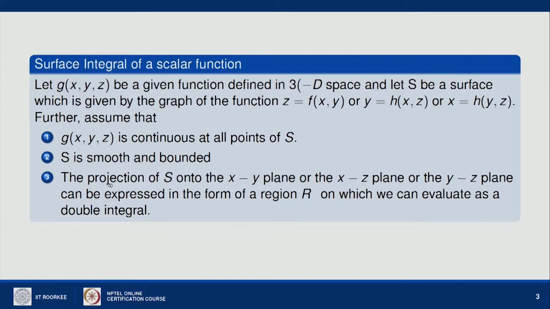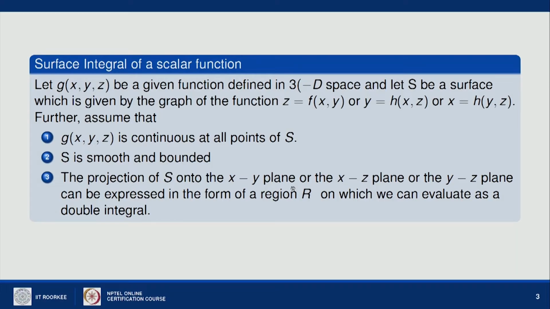The projection of S onto the xy plane, xz plane or yz plane can be expressed in the form of a region R. Region R means one on which we can evaluate a double integral, that is, for one variable the limits can be functions of the other variable, and for the other variable the limits should be constant.